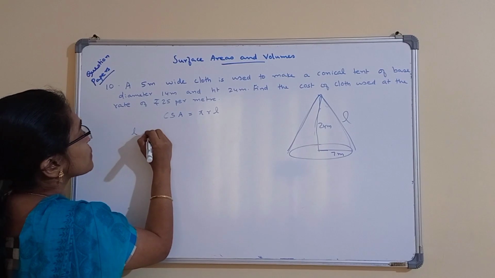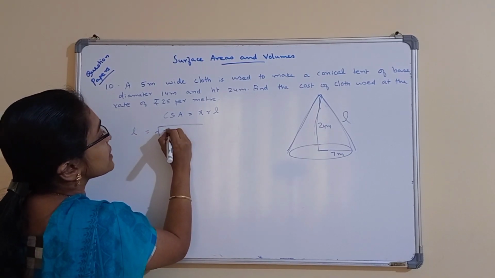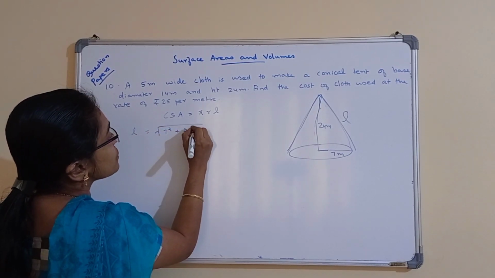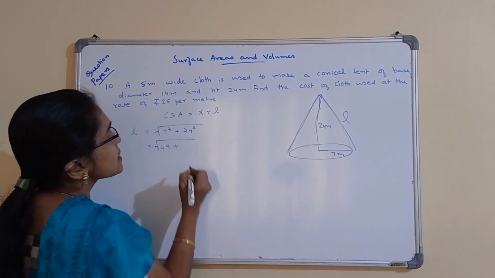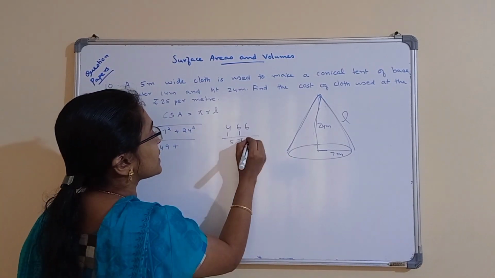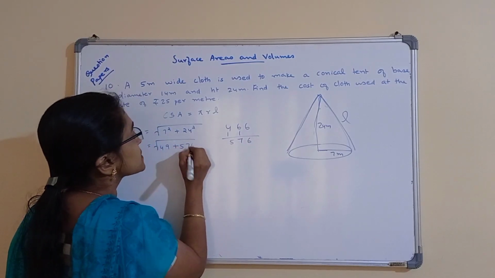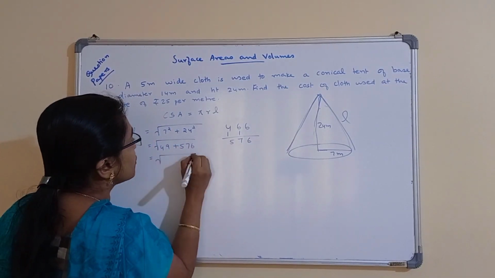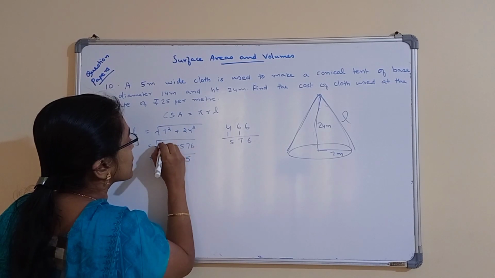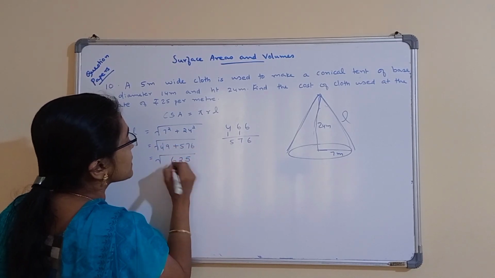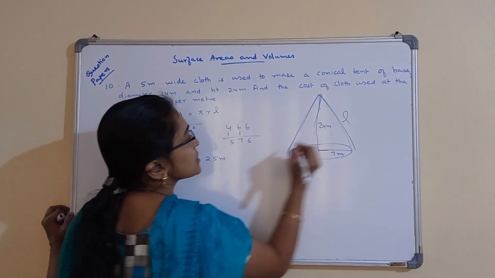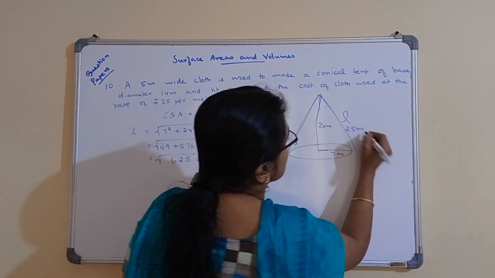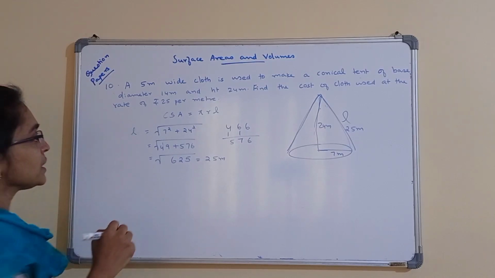So, L is equal to root of 7 square plus 24 square, which is equal to root of 49 plus 576. So we will get root of 625, which is equal to 25 meter. L equal to 25 meter.